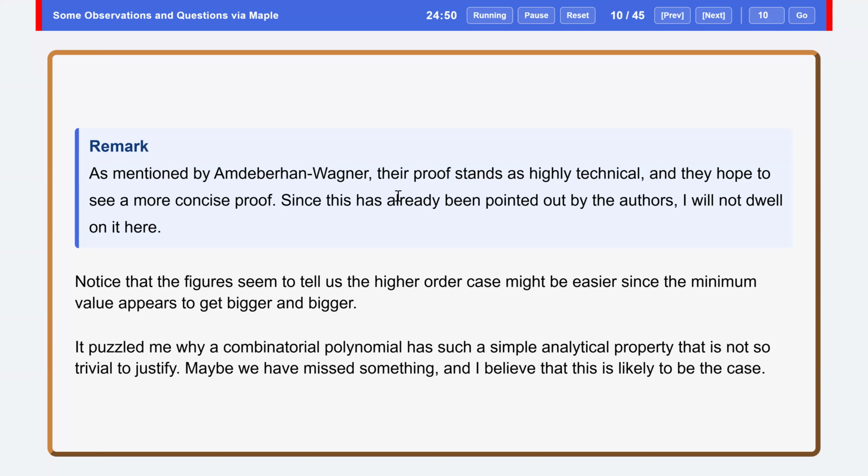Notice that the figures seem to tell us that the higher order case might be easier since the minimum value appears to get bigger and bigger. It puzzled me why a combinatorial polynomial has such a simple analytical property that is not so trivial to justify. Maybe I have missed something, and I believe that this is likely to be the case.